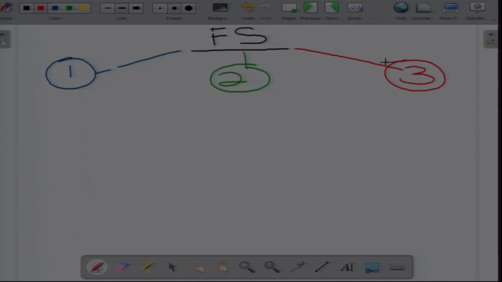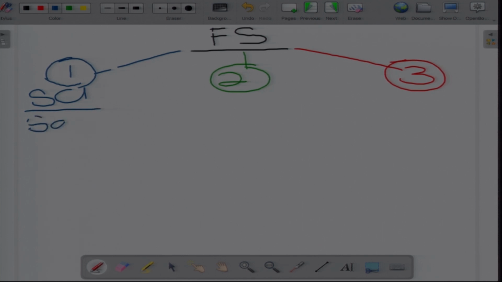Okay, so what is it that we need to know about our financial statements? The first statement is our statement of comprehensive income. Firstly, what is the framework?